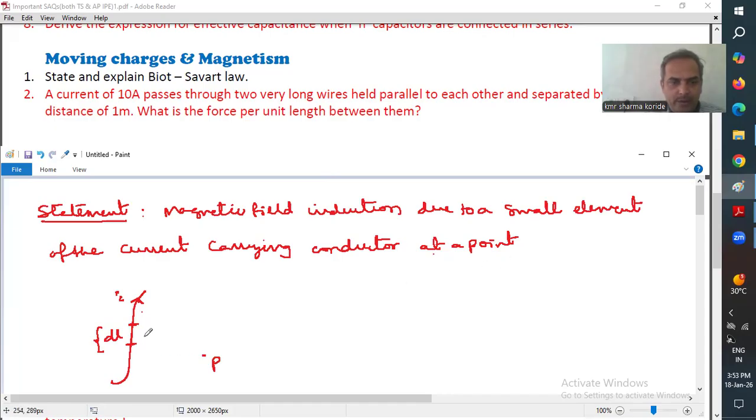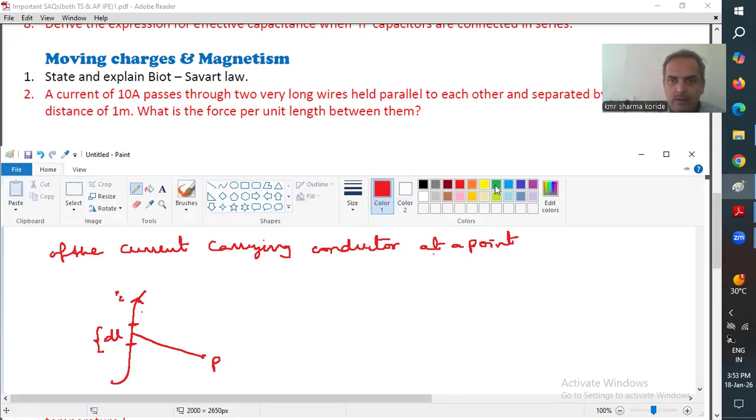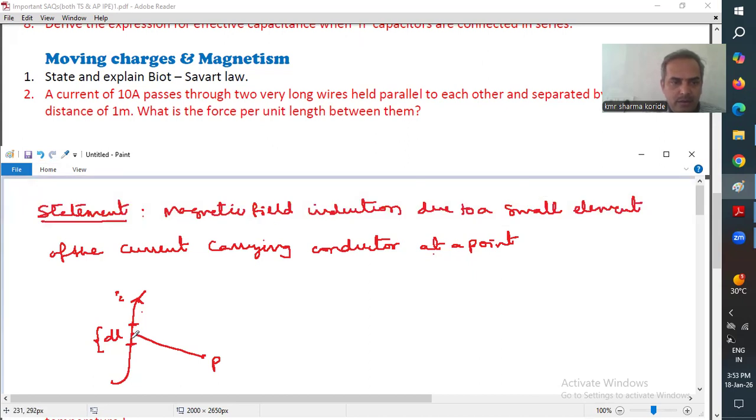This point P and the length element dl can be connected by a line, so definitely there will be some angle between the line joining the point and the element. You call this theta.